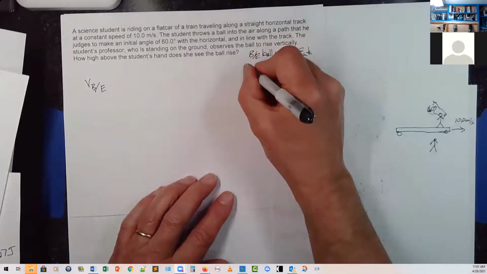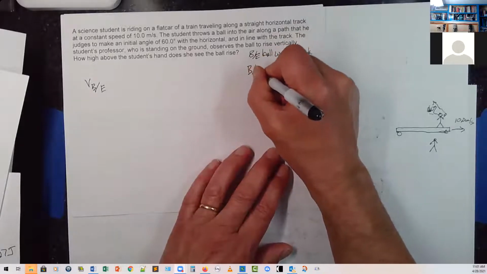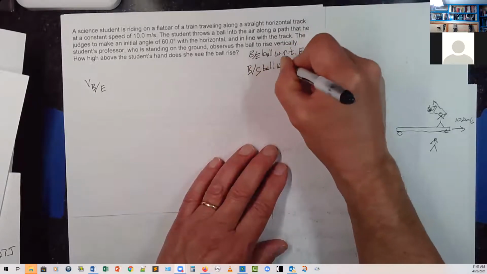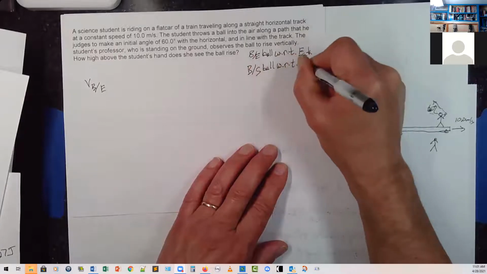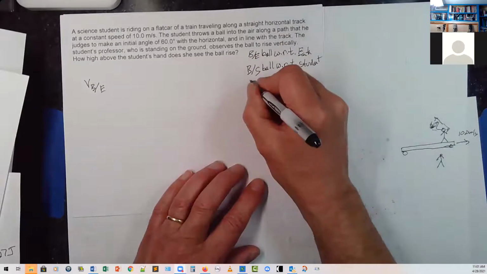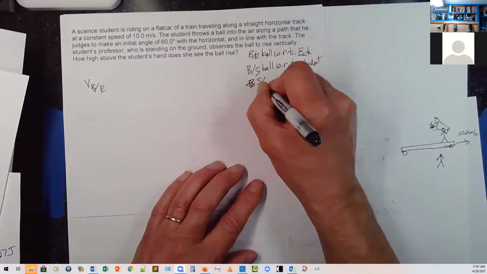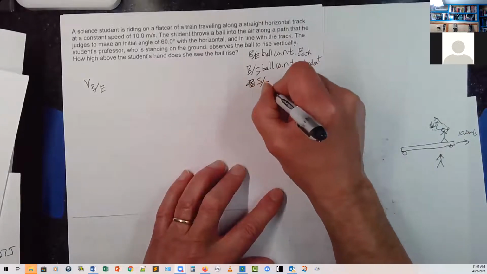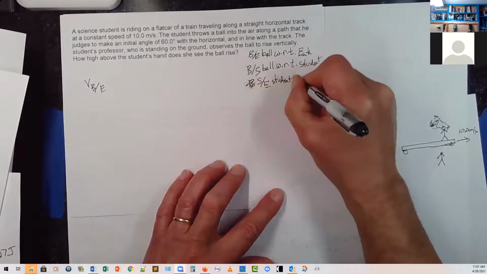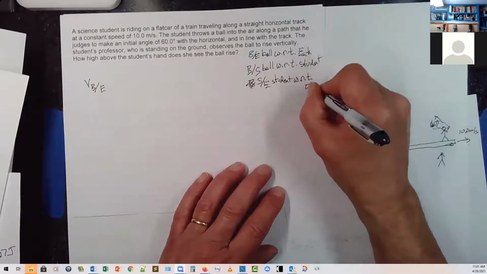I'll also have ball with respect to the student. And then I'll have S/E. That's the student with respect to the Earth.